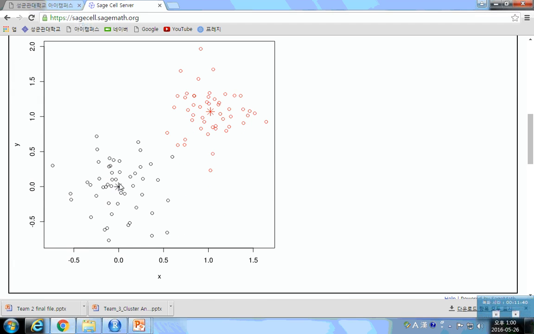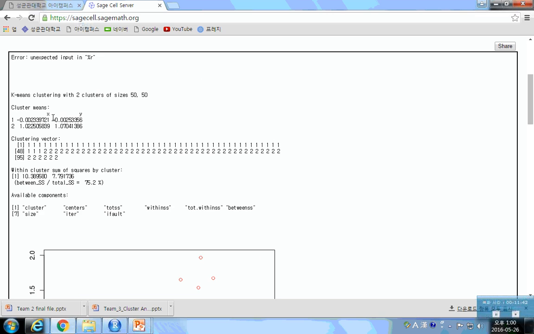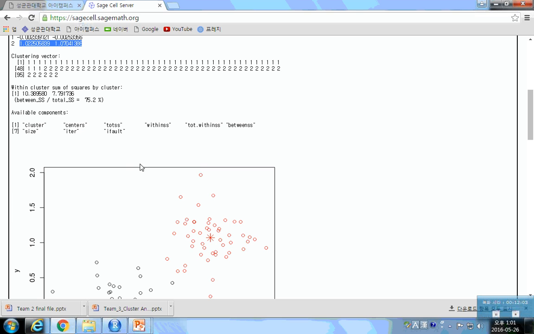So after clustering, it should be like that. Finally, here is almost 0, and here almost 1. So this way we get a good result, using the right concept to solve this problem.